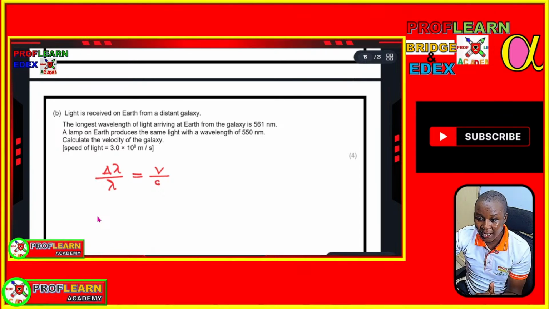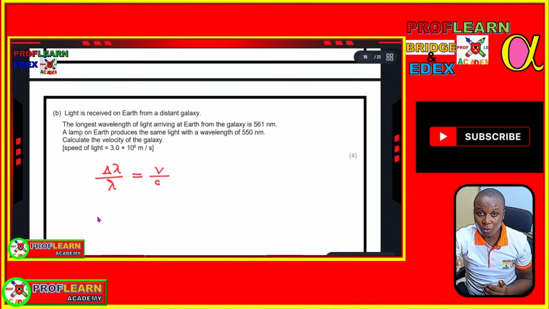In the lab on Earth, the same light is 550 nanometers, but the light observed from that galaxy is 561. So the wavelength is longer, which is the redshift we were talking about.